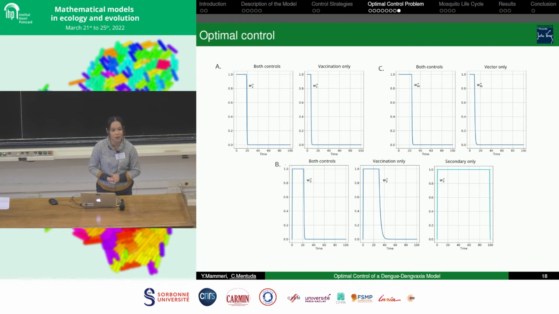So for the optimal control, this one is for the combination of vaccination and vector control. So if we consider only the vaccination, of course, applying optimal control is easier.